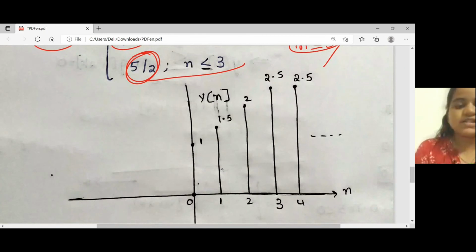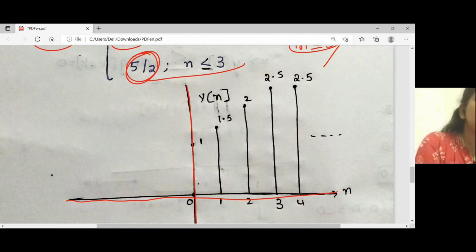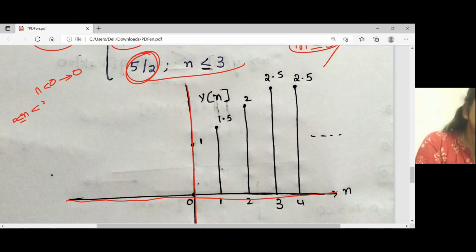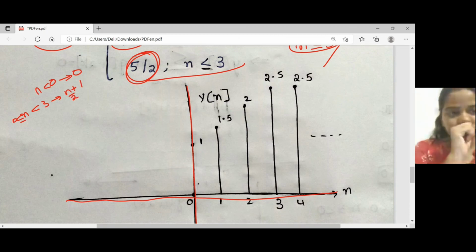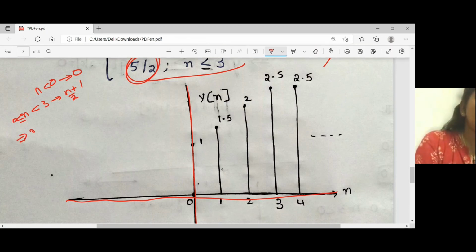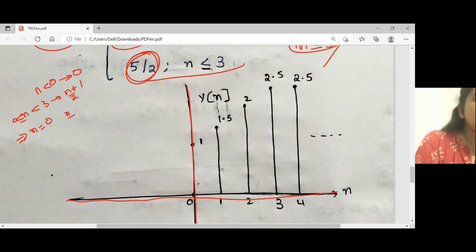So now let's take the axis. When n is less than 0, all the values tend to be 0. When 0 is less than or equal to n less than 3, y of n is n by 2 plus 1. That implies when n is equal to 0, 0 by 2 plus 1 is equal to 1.